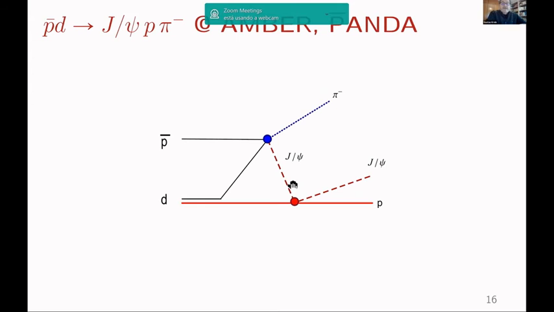Fine. Another possibility that I'm advertising, but I have not done the calculation yet, is antiproton annihilation on the deuteron. In my last talk for AMBER at a workshop we had, I had pi0 here, and then I got a lot of complaints from experimentalists saying, look, pi0 is very hard to detect.